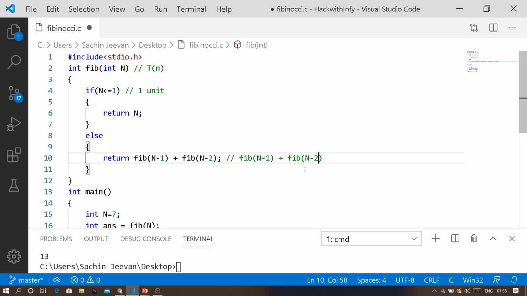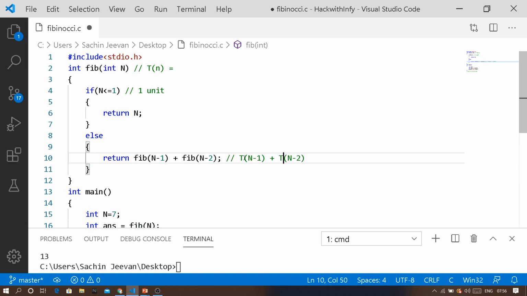Okay, so what is the overall time complexity? Instead of writing this as Fibonacci of n minus 1, we are going to write this as T of n minus 1 plus T of n minus 2.